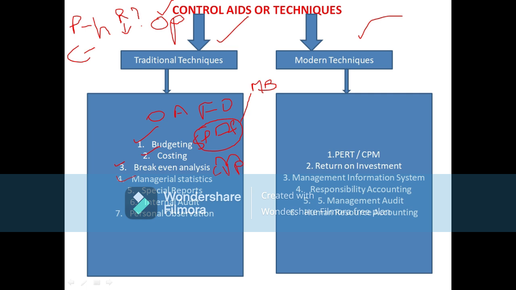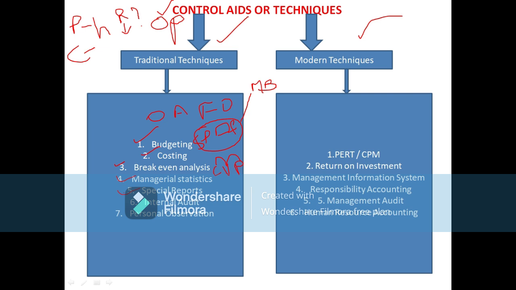Then the next one is special reports. What do special reports mean? In the conduct of business, some special problems may arise, or some problem areas may develop which cannot be tackled through routine accounting and statistical reports. Daily, the same routine accounting problems or statistical reports may arise, but for special reasons, special problems may arise.